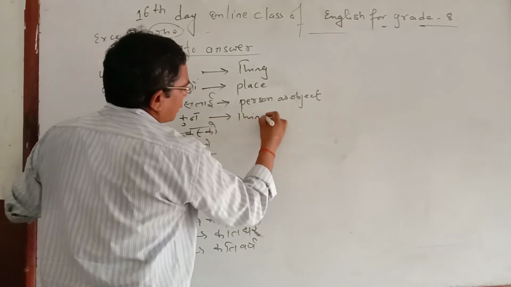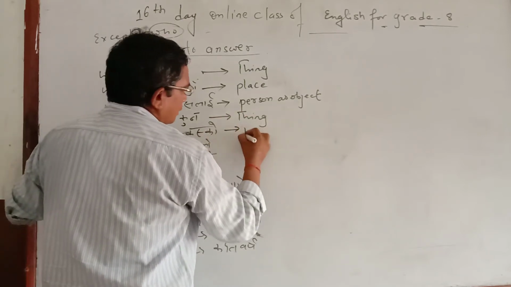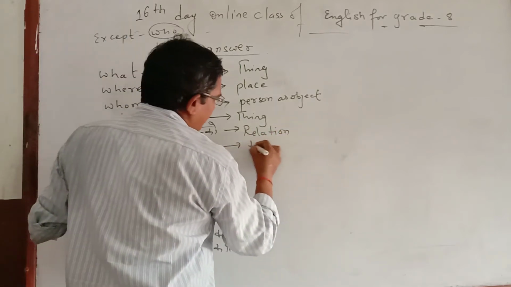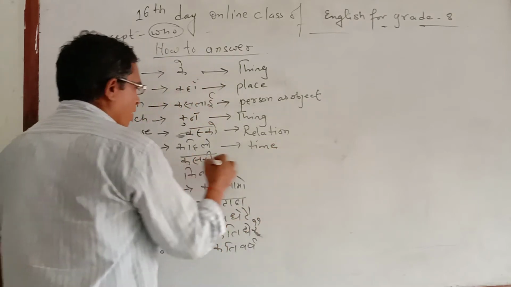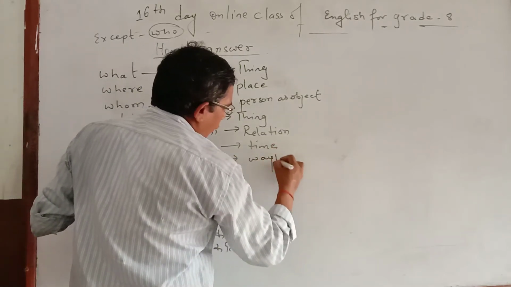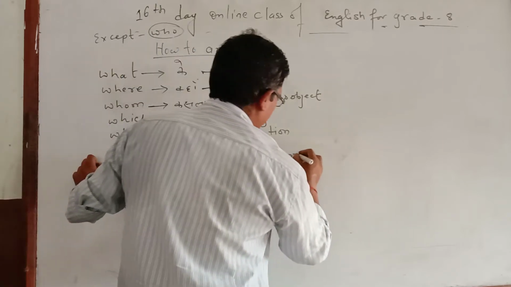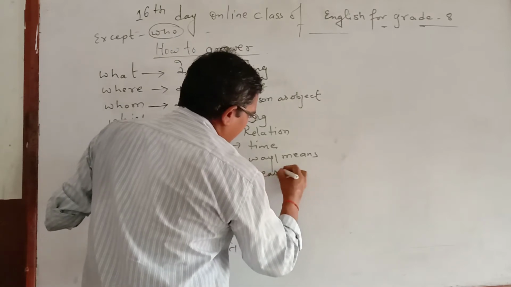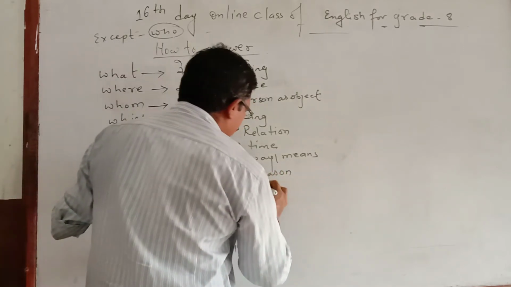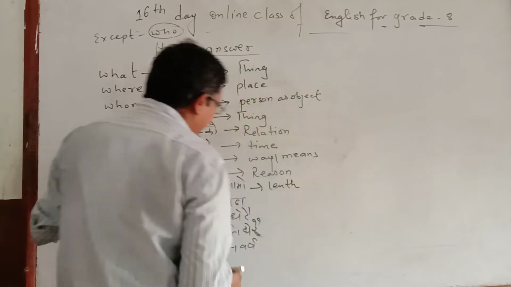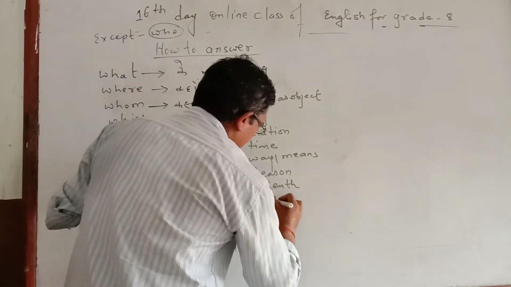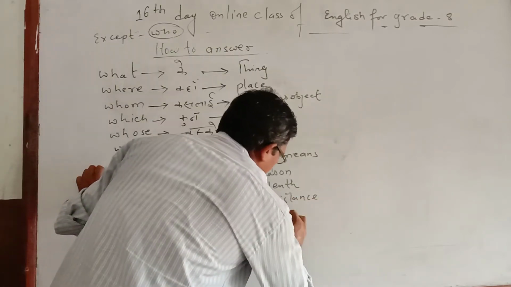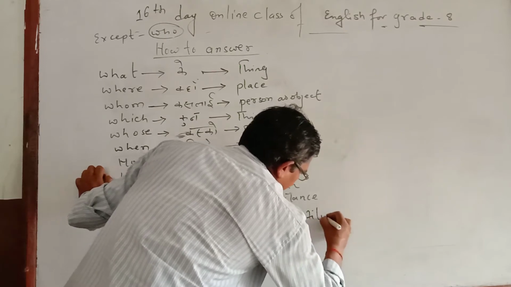Similarly, which means thing, whose means relation, when means it needs time, how means way or means, why means it needs reason, how long means length, how far means distance, how much means quantity.